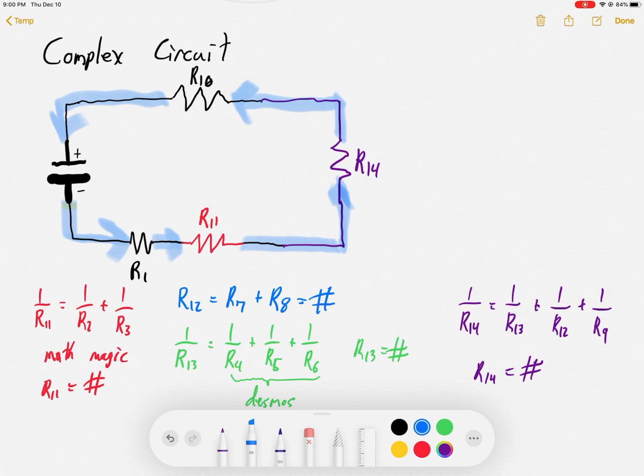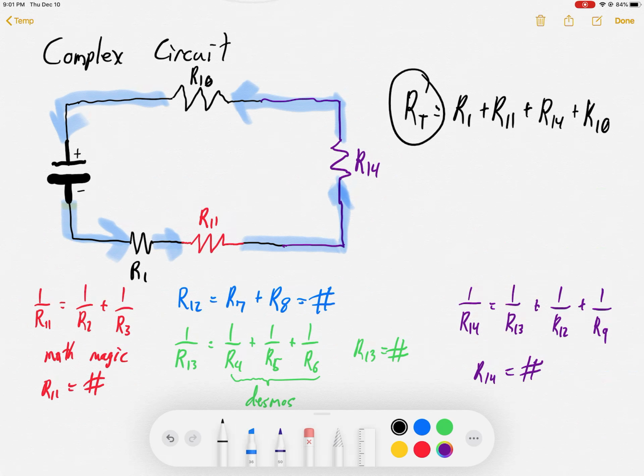What we're saying is that these are equivalent circuits, because you're going to get the same voltage, the same current, and the same total resistance. Now the final is this series, which is just the sum of these different resistors. And so that would be your final answer.